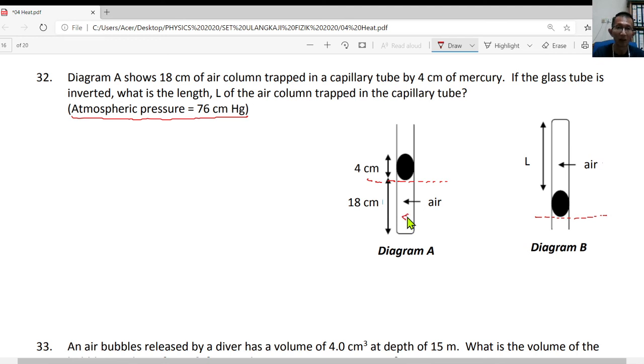The pressure here would be P equals the pressure exerted by the mercury, that will be 4 centimeter mercury, plus the pressure exerted by atmosphere, that will be 76. So the pressure there is 80 centimeter mercury.